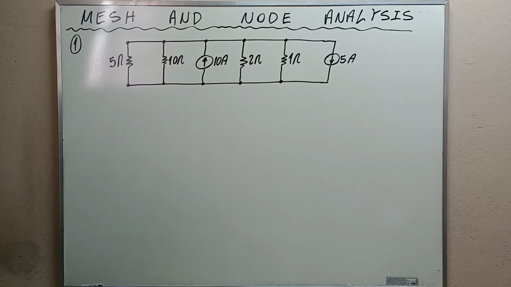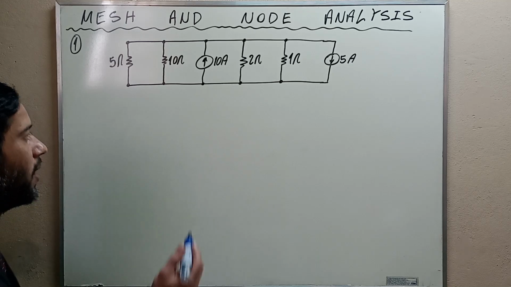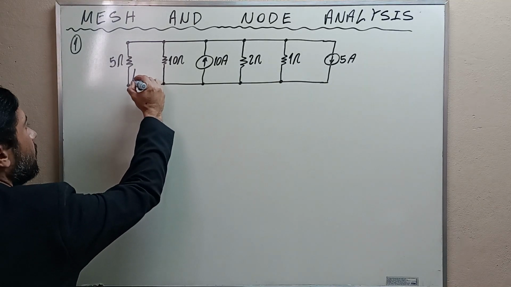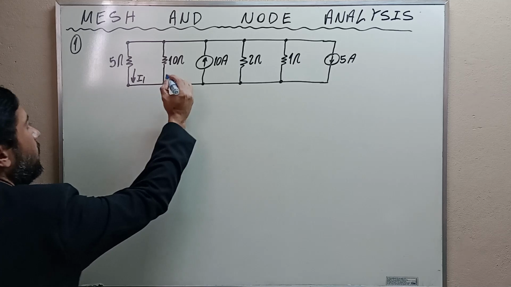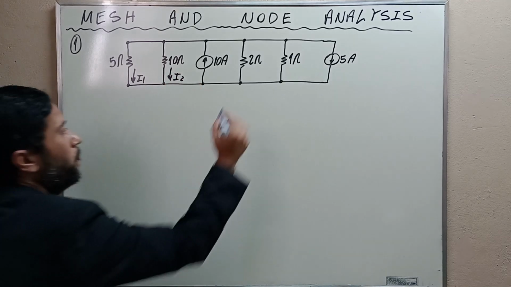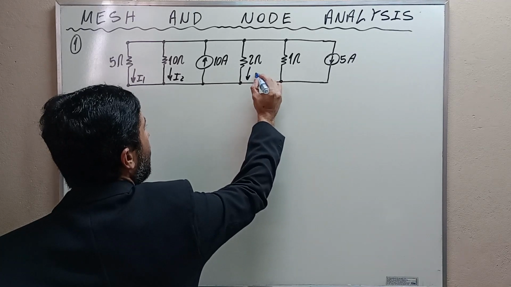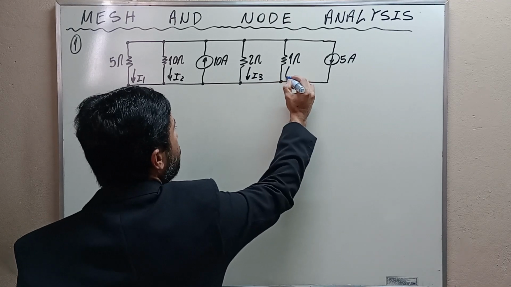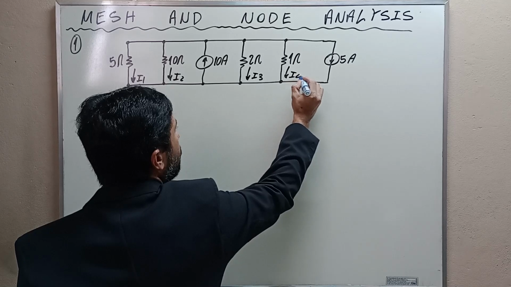And to facilitate the resolution of this exercise, we shall use some labels here. I'm going to call this current here I1. This I'm going to call I2. This will be I3 and this will be I4.